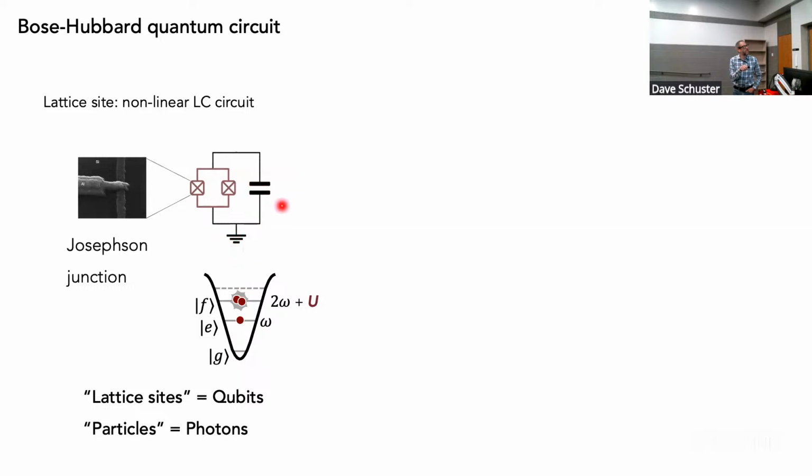If you have current running through it, it changes its inductance, and it's so nonlinear that even if you put a single photon in it, the inductance changes noticeably. So when you go from G to E, you have a different energy than if you go from E to F, okay? And it turns out that's exactly what you need for the Bose-Hubbard Hamiltonian.